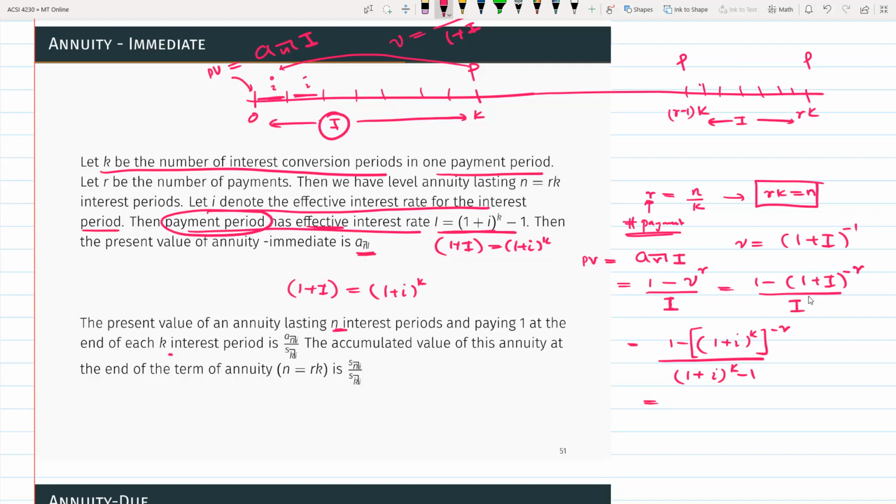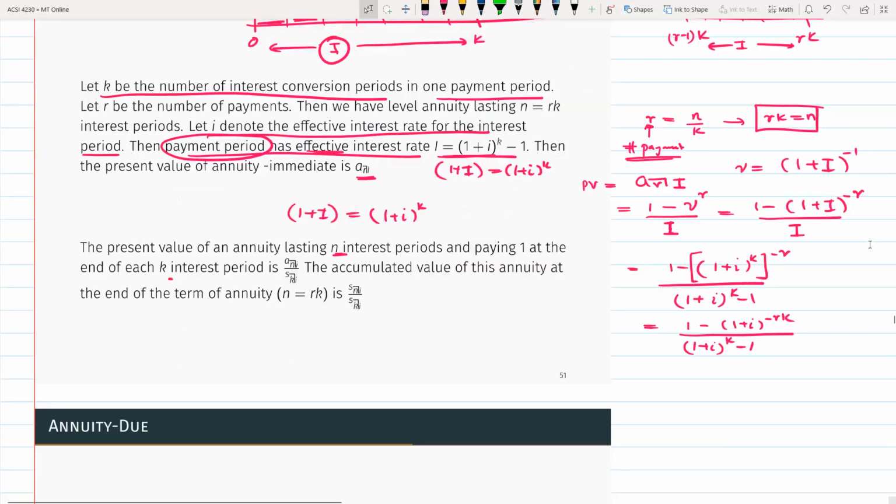So now let me simplify this a little bit. Let me divide the numerator and denominator both by the rate simple i.